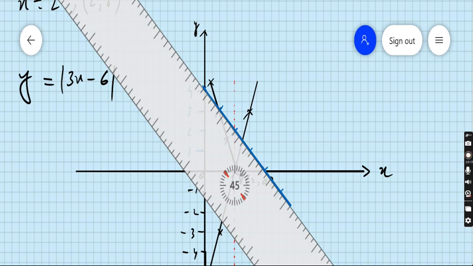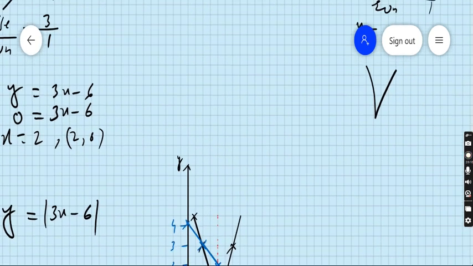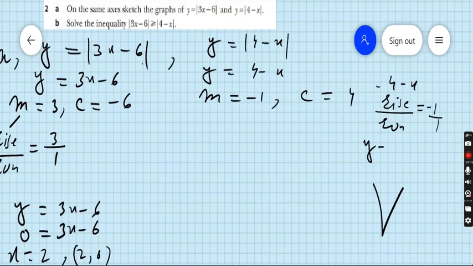What was our vertex? Our vertex: put y is equals to 0, 4 minus x, then x is equals to 4. So our vertex is 4 comma 0.